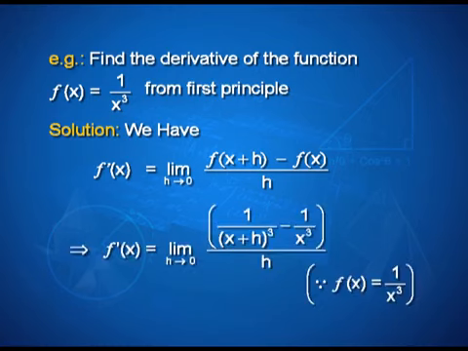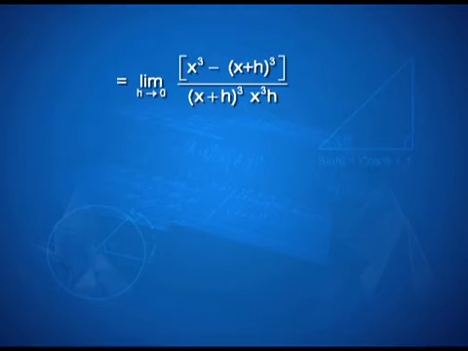That implies f dash x is equal to limit 1 upon x plus h whole cube minus 1 upon x cube divided by h as h tends to 0. That is equal to limit x cube minus x plus h whole cube upon x plus h whole cube into x cube into h as h tends to 0.